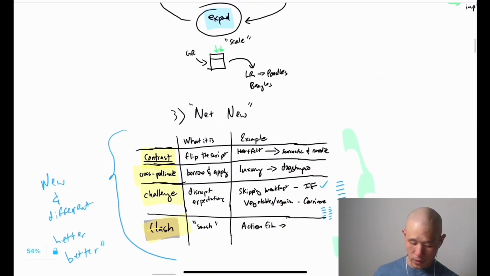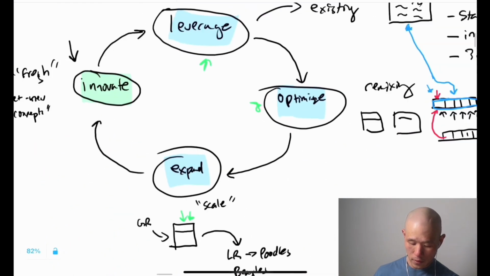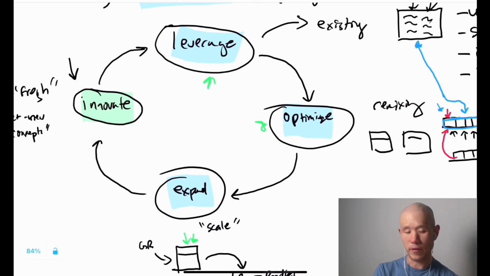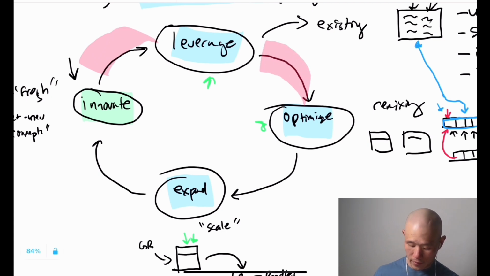So if we zoom back out and come back to this flywheel, we actually have a really nice system where everything feeds upon the previous step. So the new innovations and the net new stuff that you do can then be used for leverage, which then can be optimized, which you can then expand, and then you can come back around to innovating again.